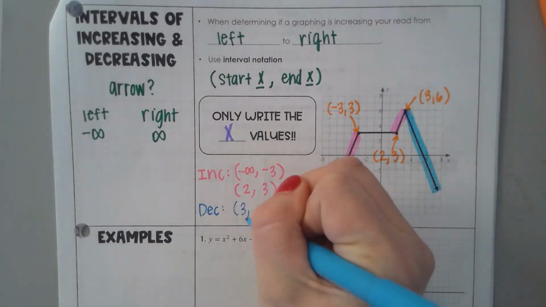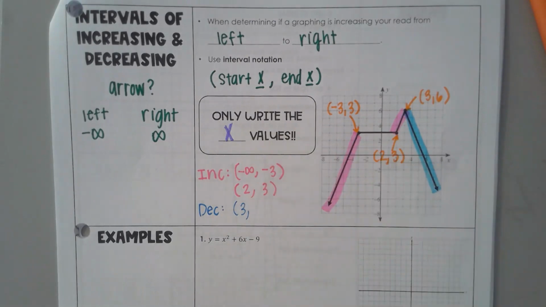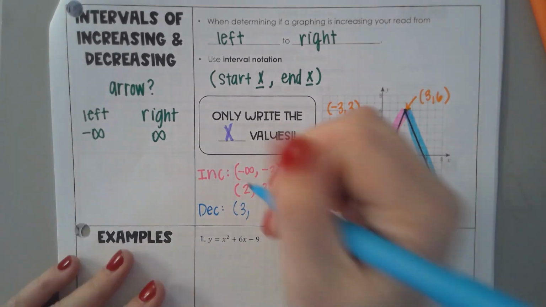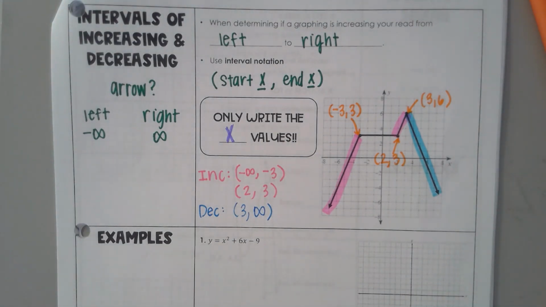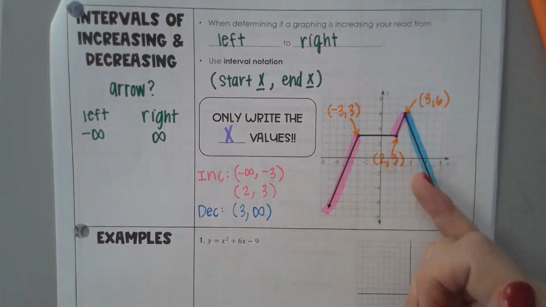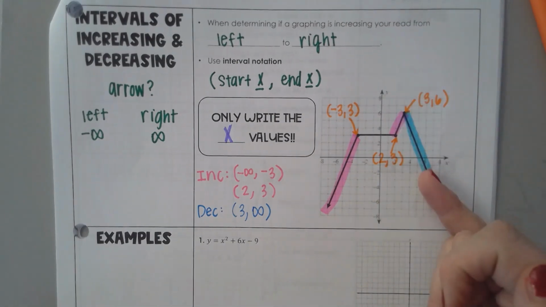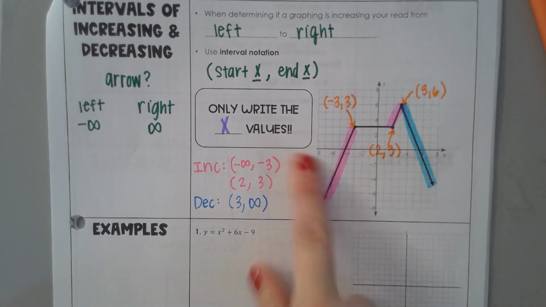And where does it stop? It doesn't. Because it's on the ending side, the right side, it's going to be positive infinity. Here's where people get confused: even though the arrow is pointing down, increasing and decreasing is about x. So we're not thinking up or down, we're thinking left or right. And it's pointing to the right. So that's why it's positive infinity, because on the right side of the x-axis are positive numbers. The left side are negative numbers.